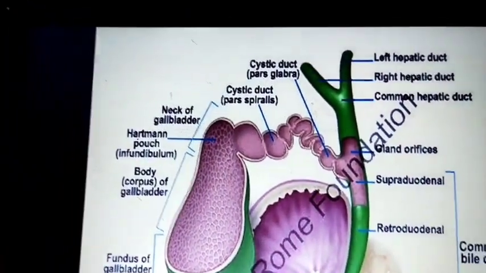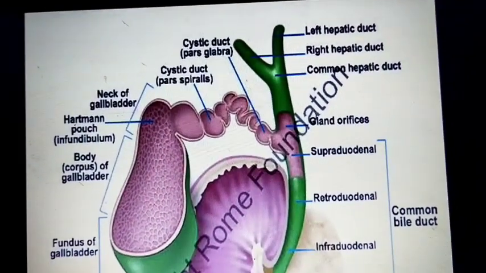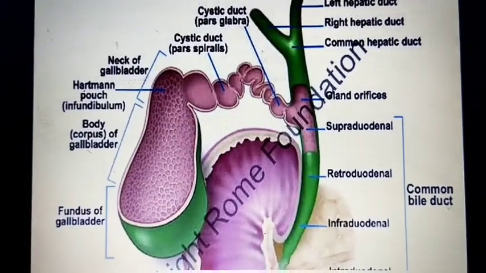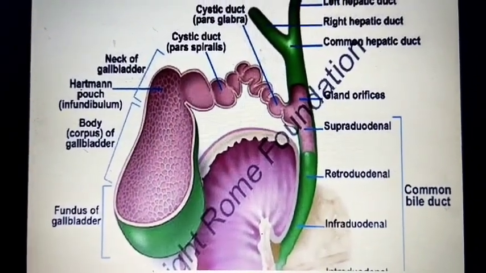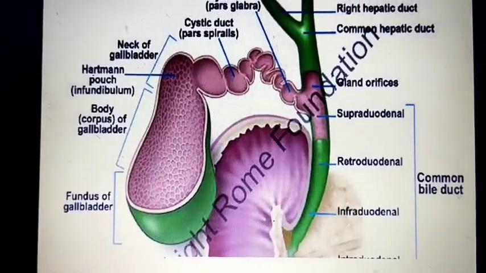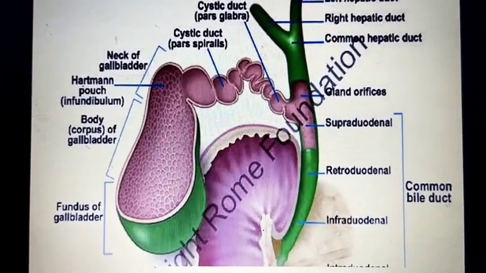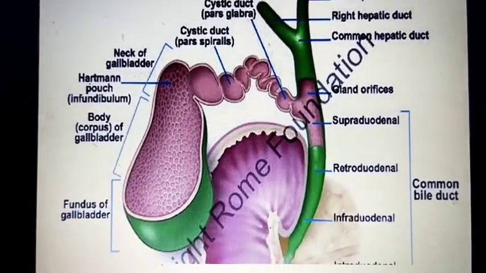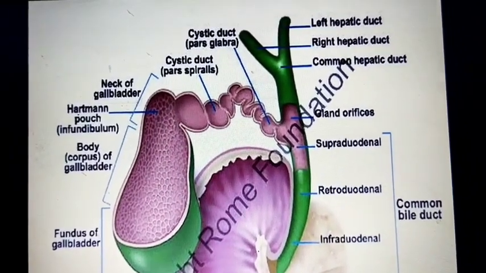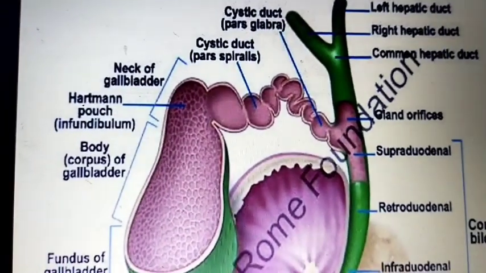These valves are called the valves of Heister. The spiral mucosal folds, pars spiralis, of the cystic duct are multiple spiral-like mucosal folds. They function like valves, and those valves are called the valves of Heister, or spiral valves.